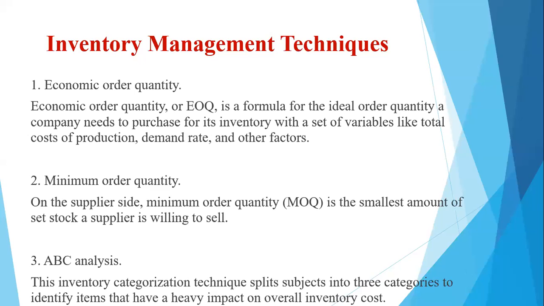Depending upon the cost of the inventory, the items are split up into category A, category B, and category C. Now, category A serves as your most valuable products that contribute the most to the overall profit. These are the inventory items having the maximum value of inventory.